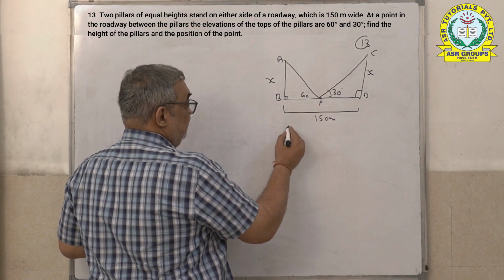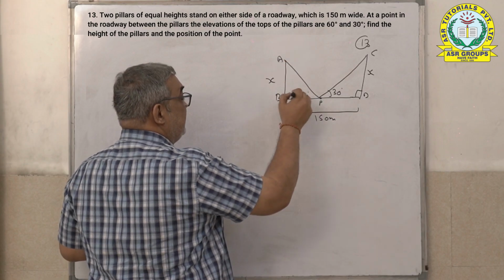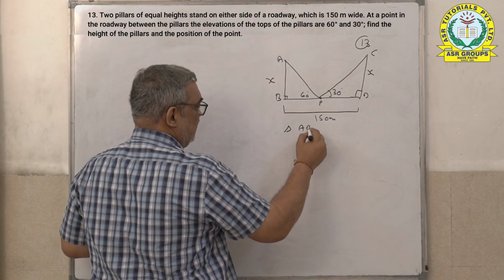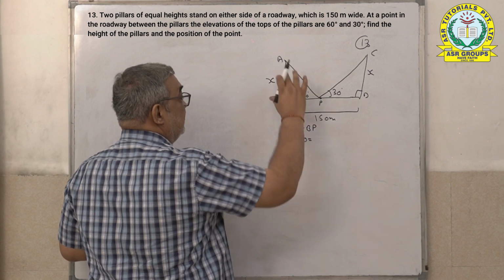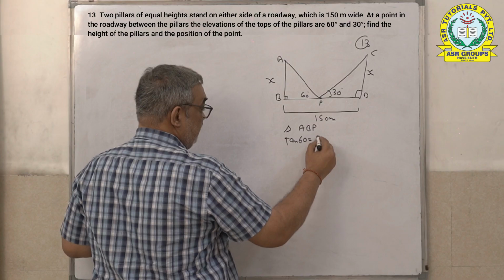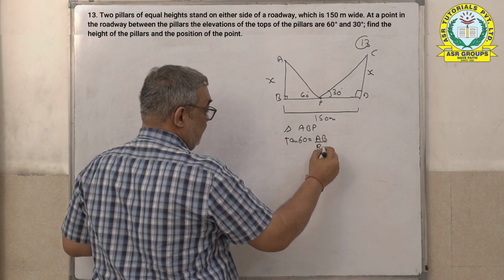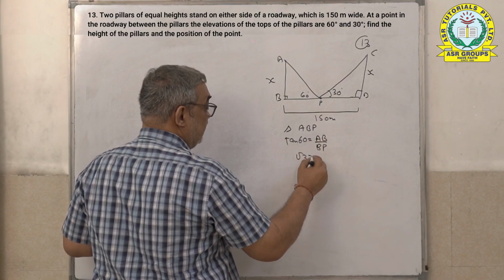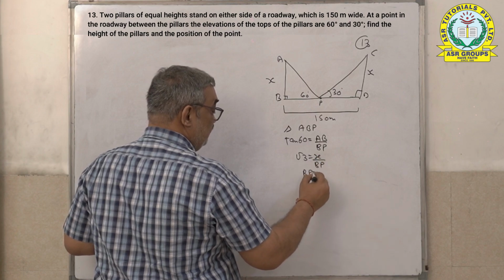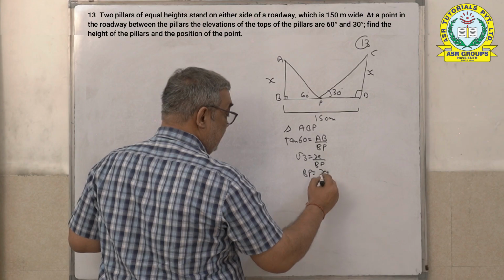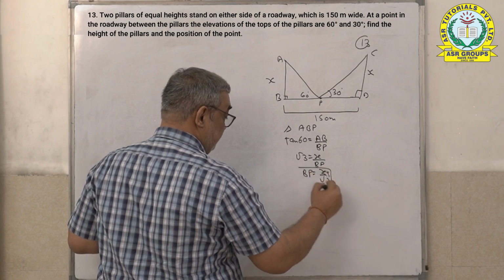So, first triangle ABP. Tan 60 is AB upon BP, root 3 is x upon BP. So BP is x upon root 3.